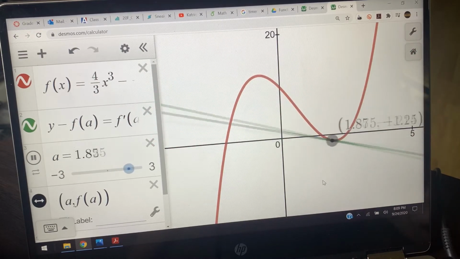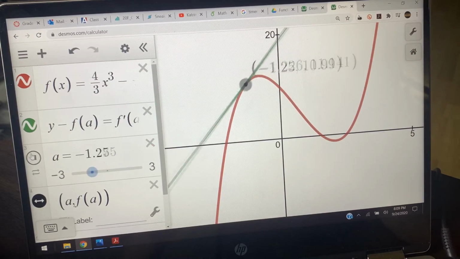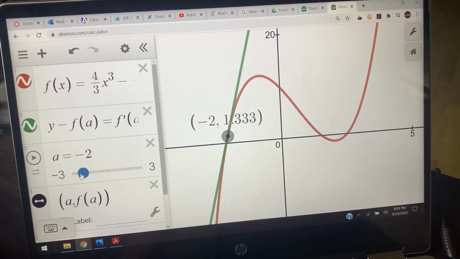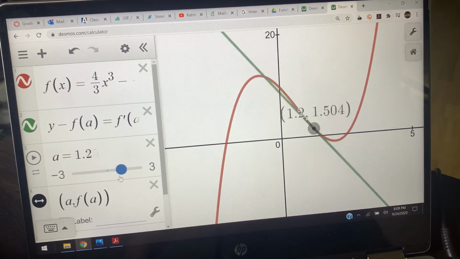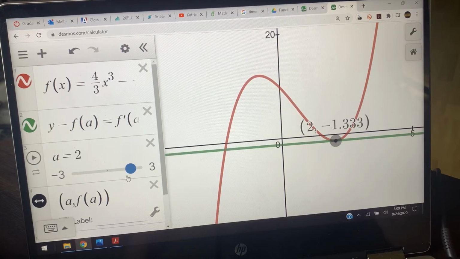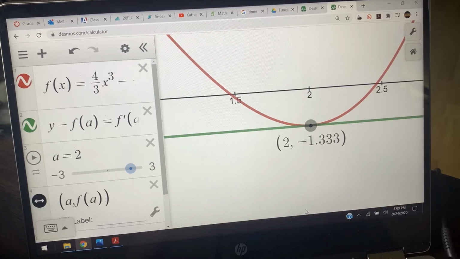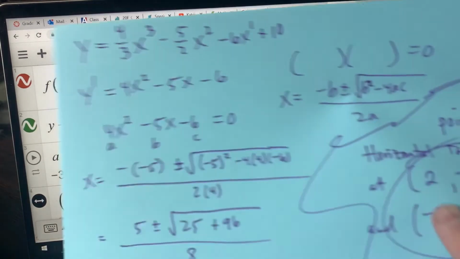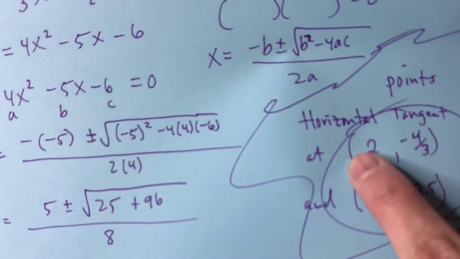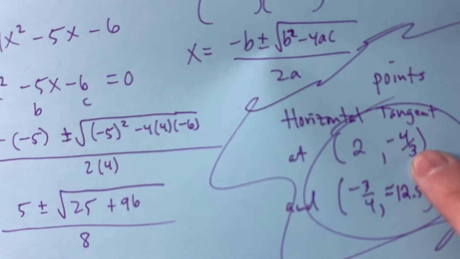So what I can do now is pause it and drag it around to where I think it works. And I think that one of the locations is right here. I think that works. And if you notice, it happens at 2, -1.33, which is precisely that, 2, and that's -1 1/3.